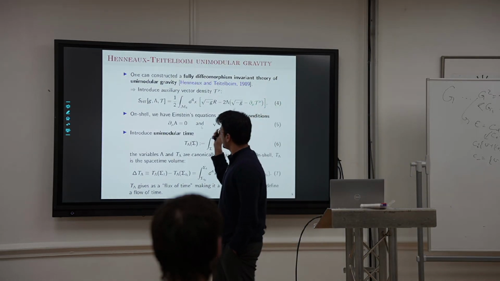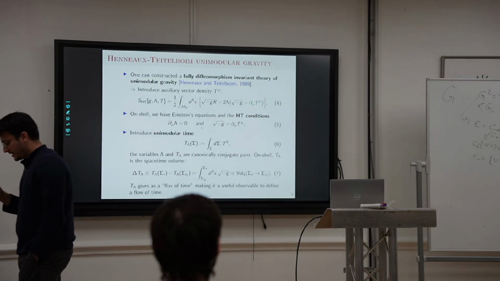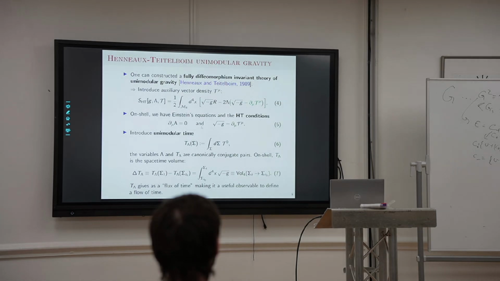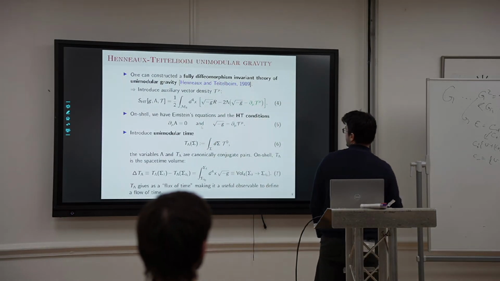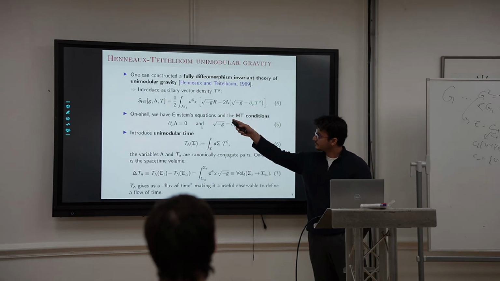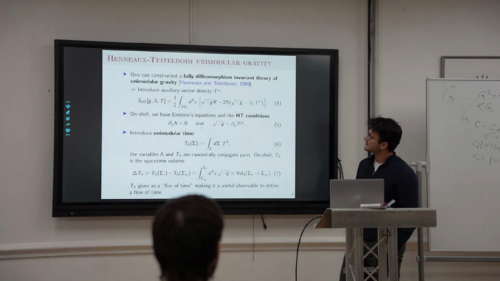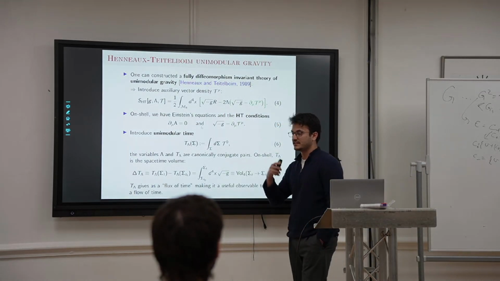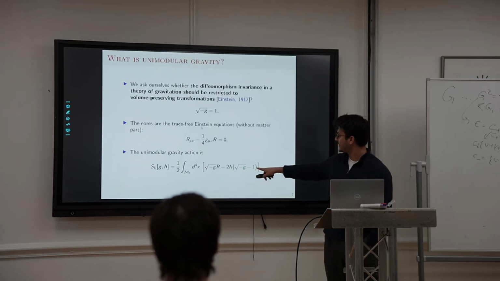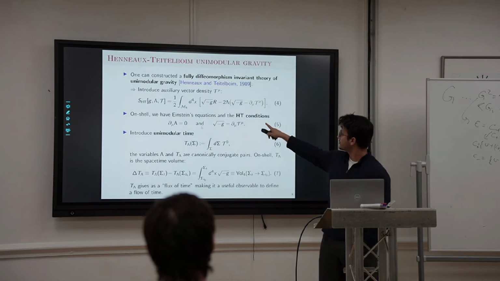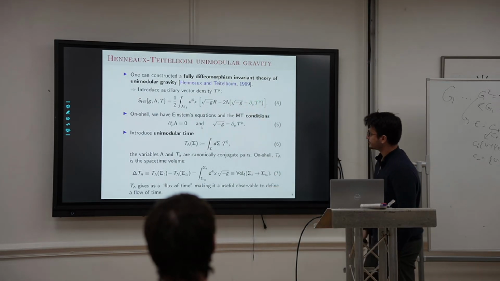What Henneaux and Teitelboim did in 1989 is they tried to recast the diffeomorphism invariance, instead of having volume-preserving transformations invariance. And this is achieved by introducing this T^μ vector density. It's an auxiliary vector density that you introduce. And this term, this 1, you just replace it with ∂_μ T^μ.